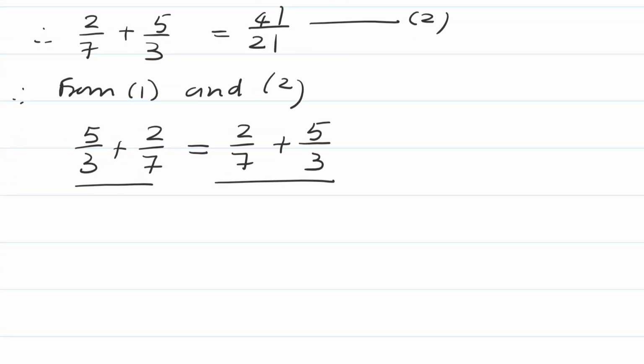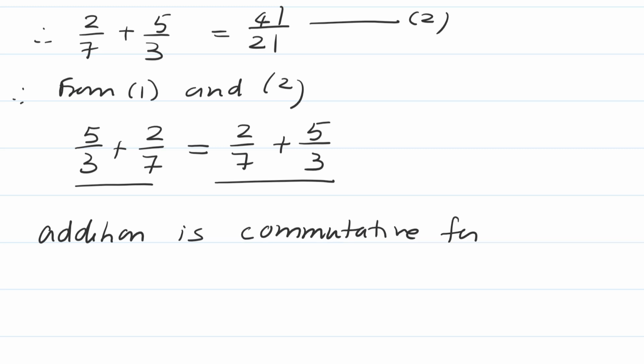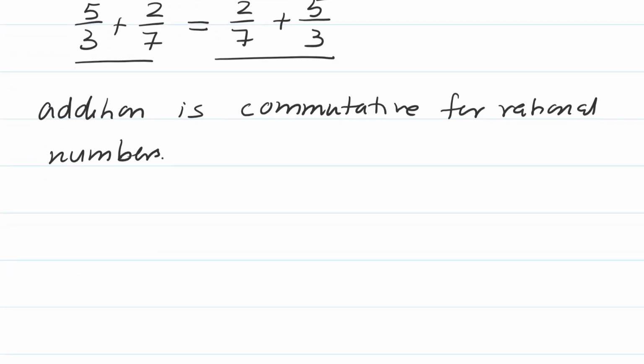So addition of rational numbers is commutative. Now we can use this property for addition and multiplication of rational numbers.